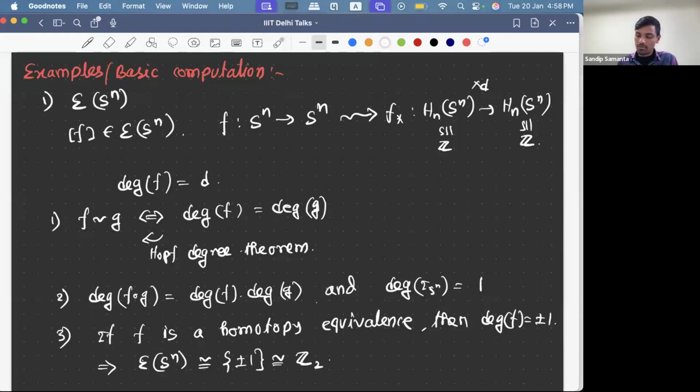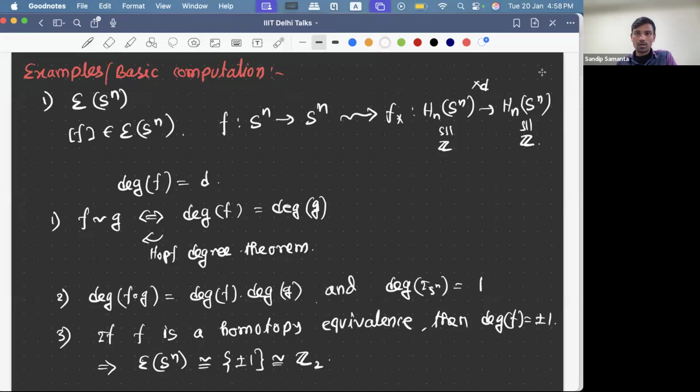So for Sn, the group of self-homotopy equivalences is isomorphic to Z2. Just using the degree, we didn't have to worry about anything specific to n.